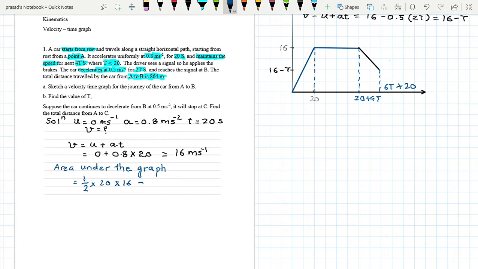Then the rectangle: the width is 40 and the height is 16, so it will be 16 into 40. And finally the area of the trapezium, that is half into the sum of the parallel sides. One of the parallel sides is 16 and the other parallel side is 16 minus t.